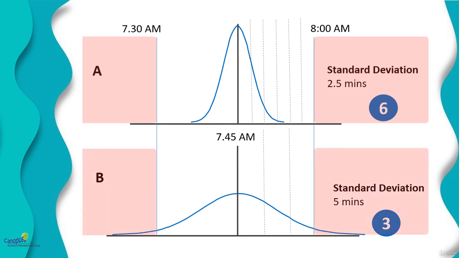But in the second scenario, it's quite likely that the train would come either after 8 o'clock or before 7:30. And that's not a reliable scenario for you. As a result, the higher the sigma value, the better it is for us to predict the performance of the process. And that is why organizations are trying to improve the sigma value of their processes, because they will be able to give predictable performance to their customers.